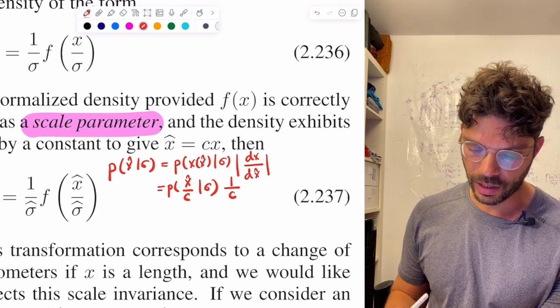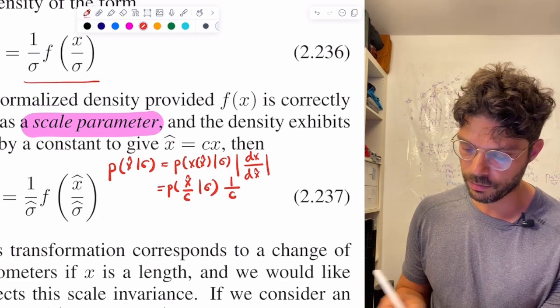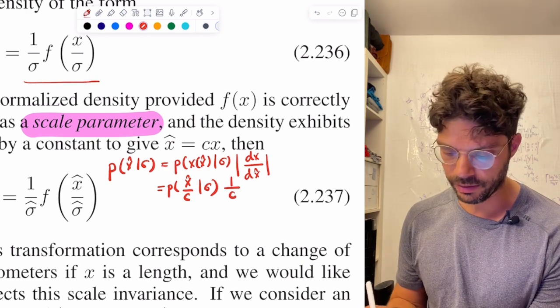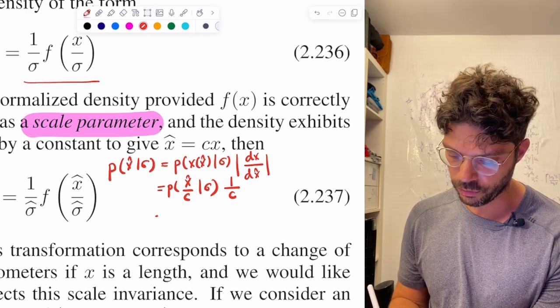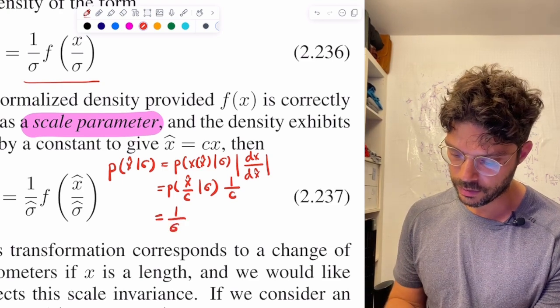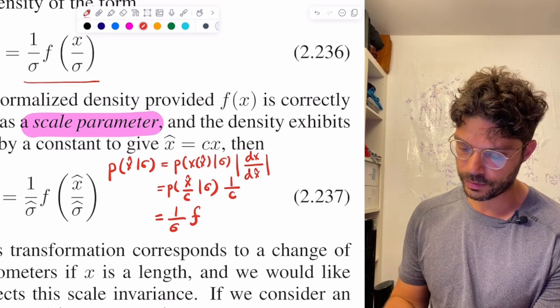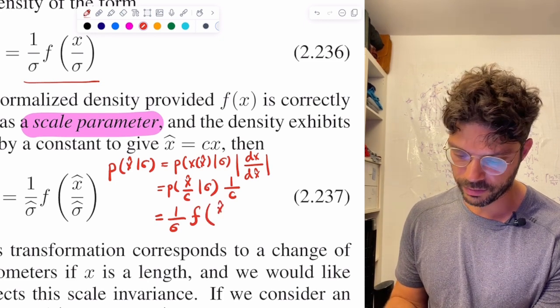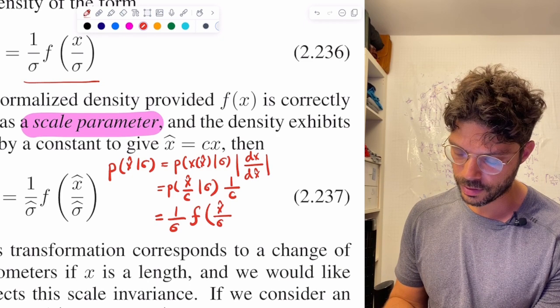Okay, so now we plug in this identity, and we get that this is going to equal 1 over sigma times f of x hat over sigma.